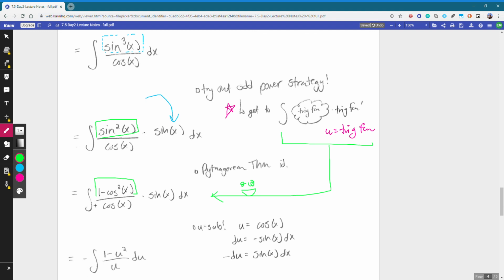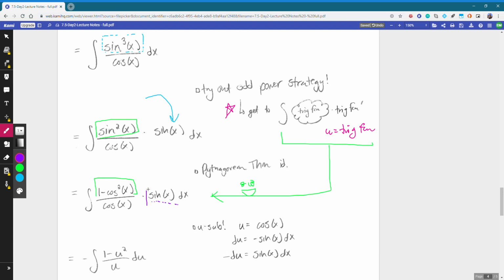We have all this stuff in terms of cosine on the left, even though it looks ugly. It's all in terms of cosine. And then over here on the right, we have more or less the derivative of cosine. So let's go ahead and do a u sub. u equals cosine. Here's our du. And let's bring that negative over.